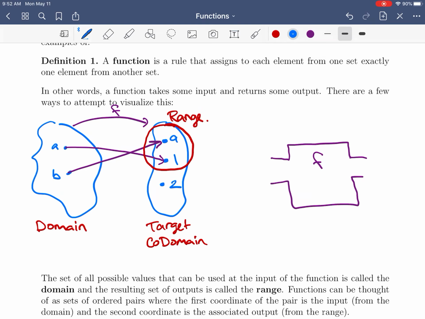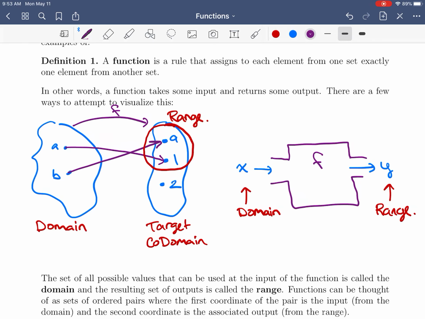What you do is you put in, say, an x from the domain, and f is going to do something, and then it's going to spit out, say, a y, which could be the same as x, could be different. And y is going to be part of your range. Here we don't have to worry about target and codomain because we're definitely getting something out of this machine that came from an x in the domain. So this is what's going on.